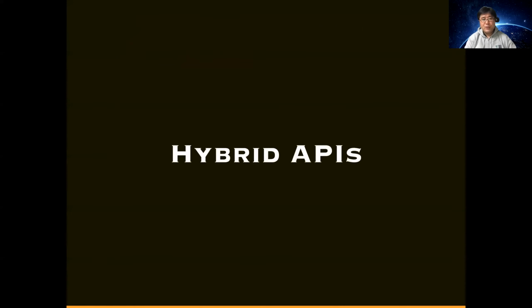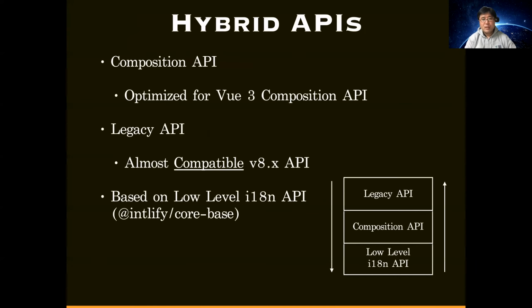Next, Vue I18n version 9 takes a hybrid approach as it provides an I18n API for Vue.js. There are 2 types of API. One is the Vue I18n Composition API, which is optimized for the Vue 3 Composition API. The other is the Legacy API, which is mostly compatible with Vue I18n version 8.